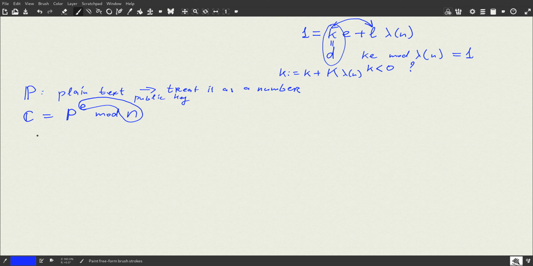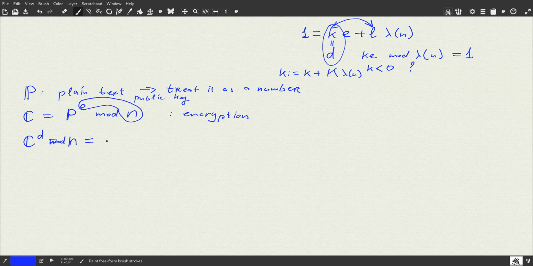Now, decryption. So that's encryption. Decryption will return P using the following operation. We take C to the power of D, but remember that all operations are performed modulo n.